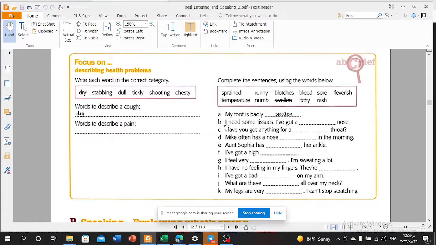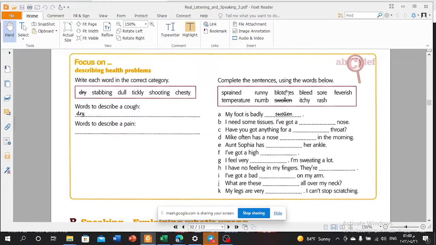I've got a runny nose. A runny nose is something you could describe your nose by when you are having a cold or a flu. Have you got anything for a sore throat?